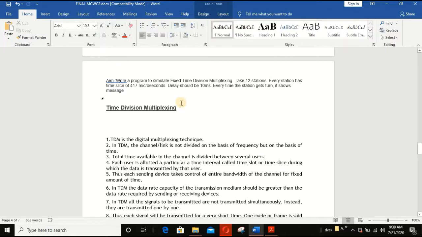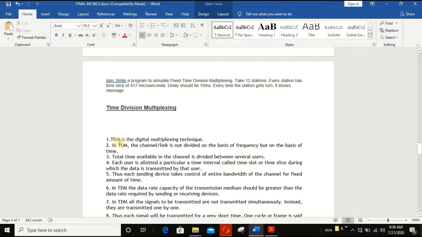And in asynchronous TDM, the sampling rate is different for each signal and a common clock is not required. If the allotted device for the time slot transmission does not use any clock, it is called asynchronous TDM.